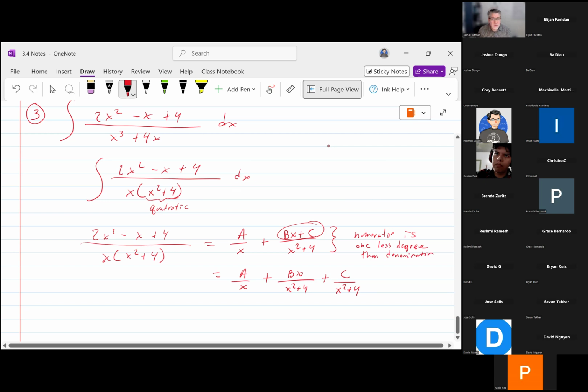And we have to come up with a function. If I had a cubic in the bottom, I'd have to have ax squared plus bx plus c, or bx squared plus cx plus d, or something like that.